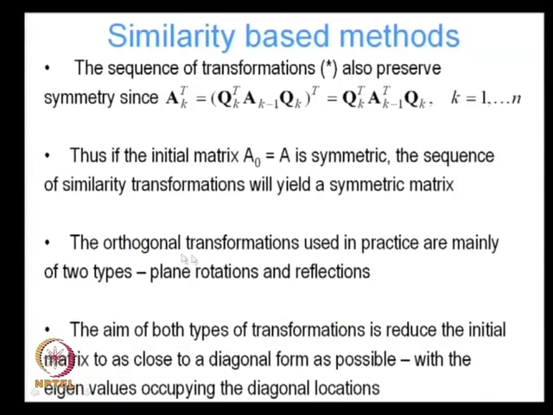The aim of both types of transformations is to reduce the initial matrix to as close to a diagonal form as possible, with the eigenvalues occupying the diagonal locations. You can think of it like this: when you have a symmetric matrix and linearly independent eigenvectors, you can transform the symmetric matrix to a diagonal matrix by operating on it with a matrix whose columns are the eigenvectors.